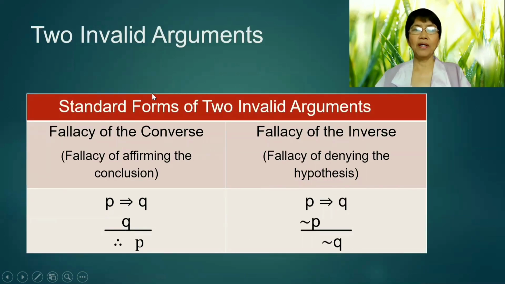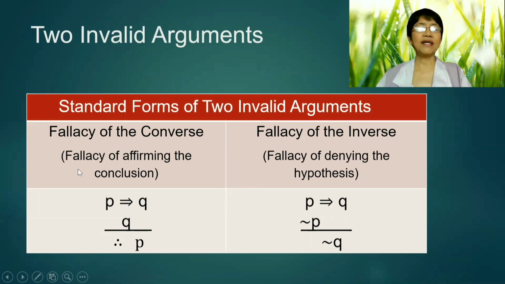There are also invalid arguments, which are formed by using the converse or the inverse. So we have two standard forms of invalid arguments: the fallacy of the converse and the fallacy of the inverse.